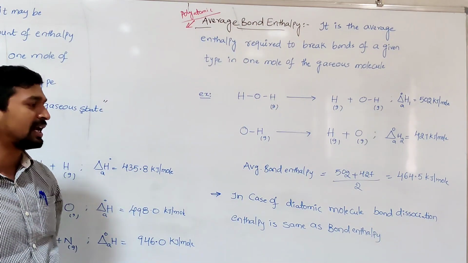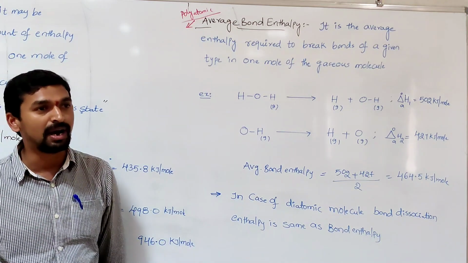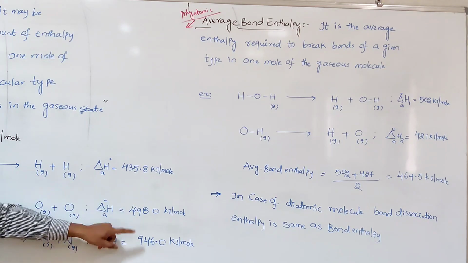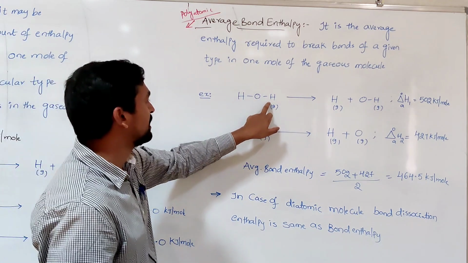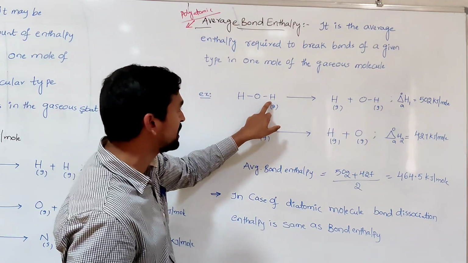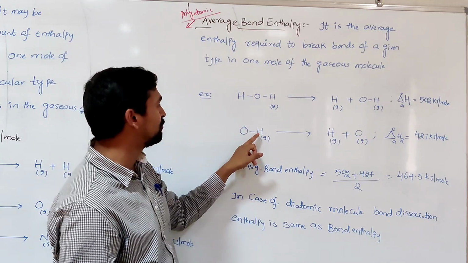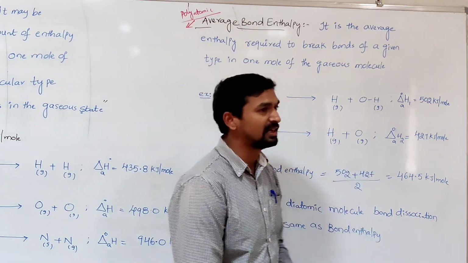In the case of a diatomic molecule, the bond dissociation enthalpy is the same as the bond enthalpy. That means here the bond dissociation enthalpy of OH in HOH is 502, and the bond dissociation enthalpy of OH in the gaseous OH molecule is 427.